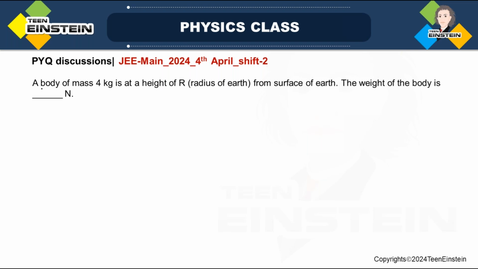Now this question says a body of mass 4 kg is at a height of r, the radius of the earth, from the surface. You have to find the weight of the body.